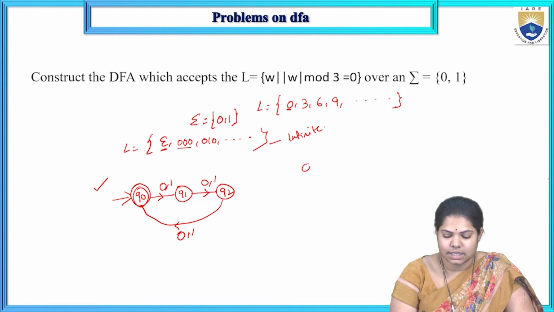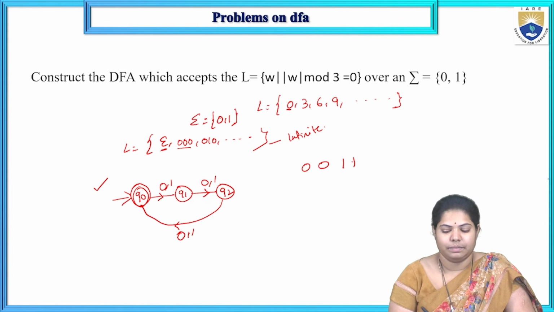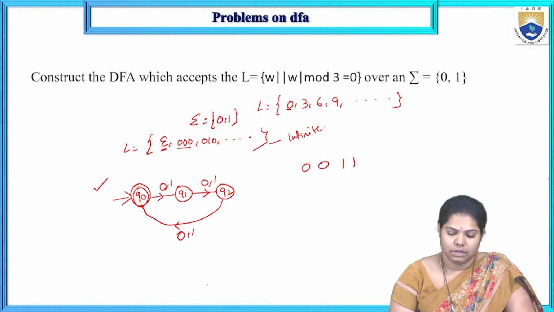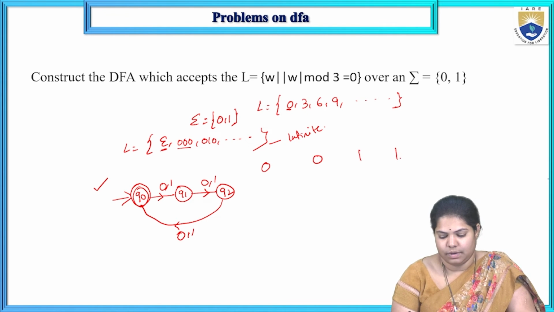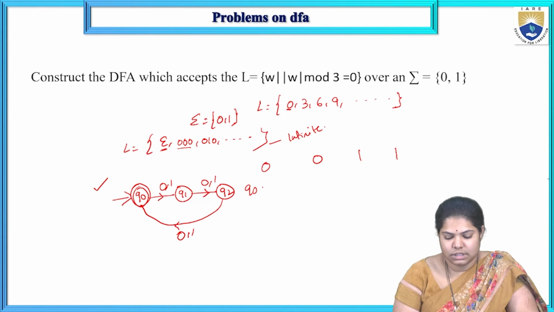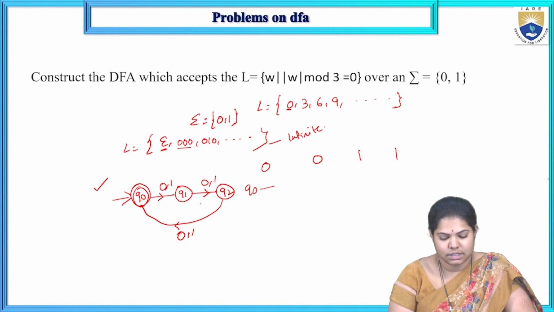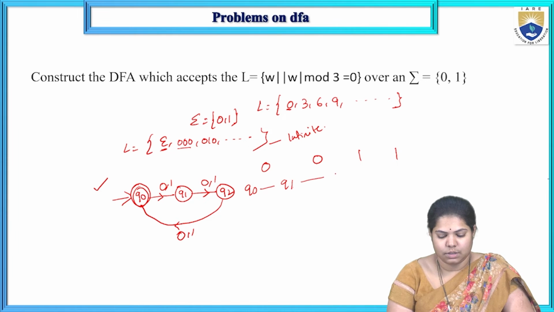If I take a string 0011, Q0 on seeing 0 reaches Q1. Q1 on seeing 0 reaches Q2.